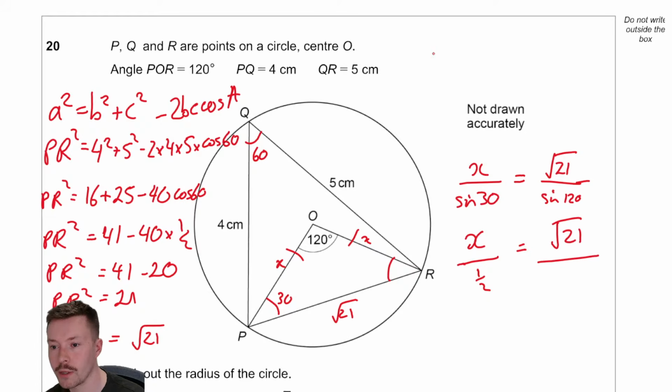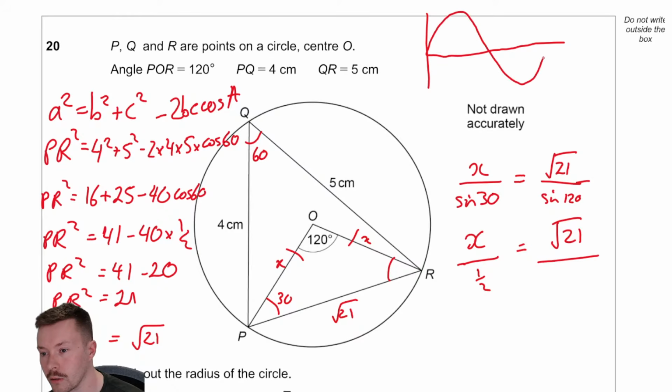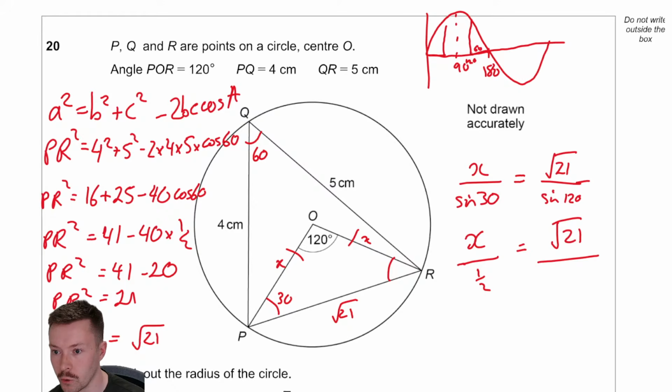Now sine 120, if you think about your sine curve, it goes like this. This is 180. This is 90 here. So 120 is going to be the same as 60 because that difference has to be the same. So 120 is here. That is 60 down from 180 to 120.